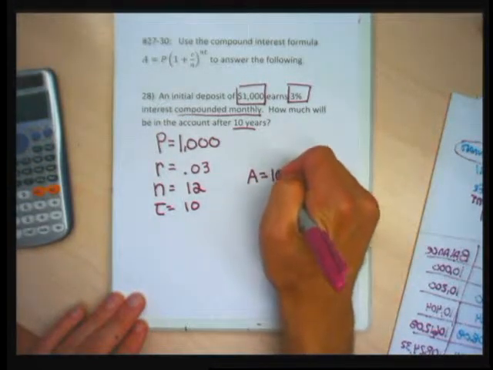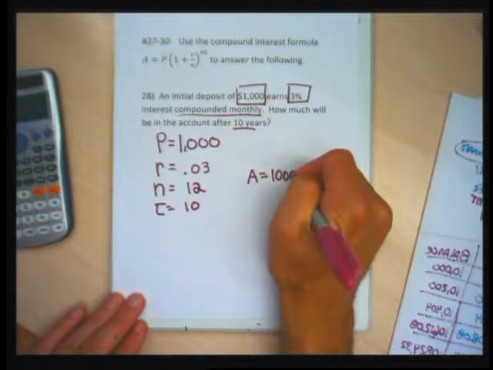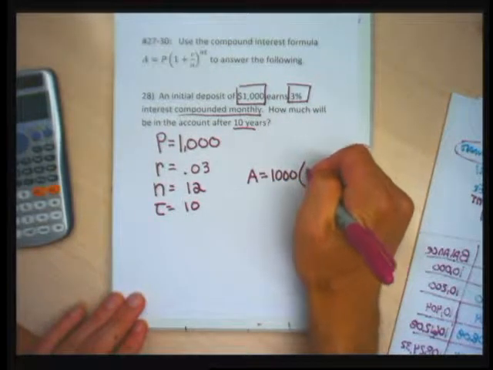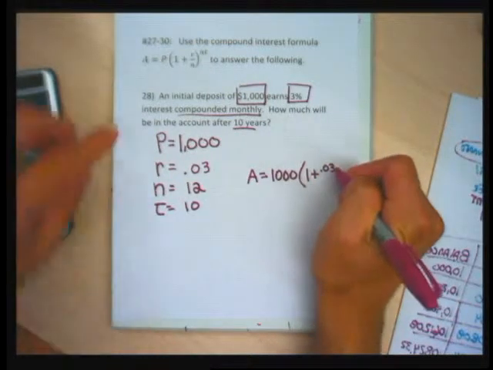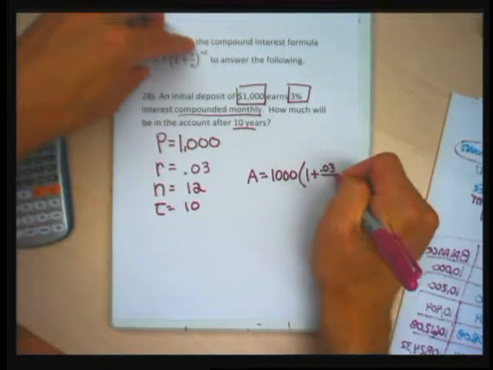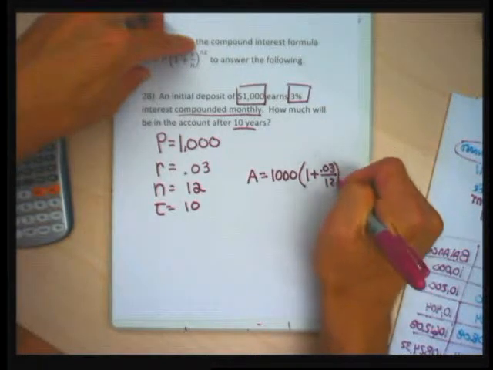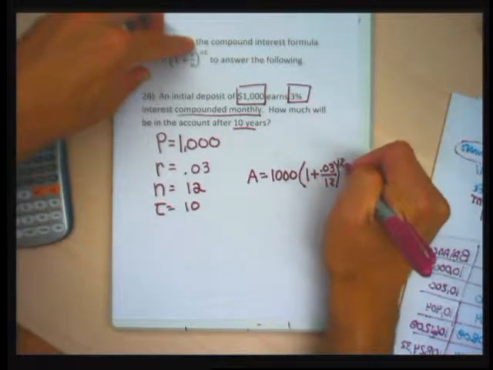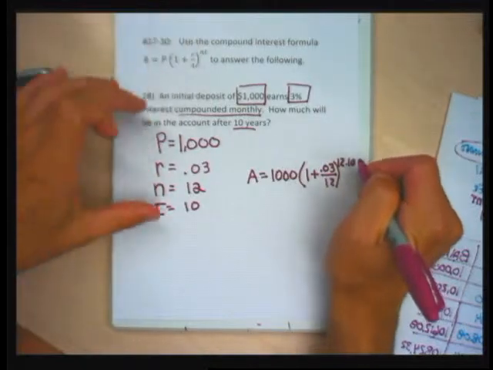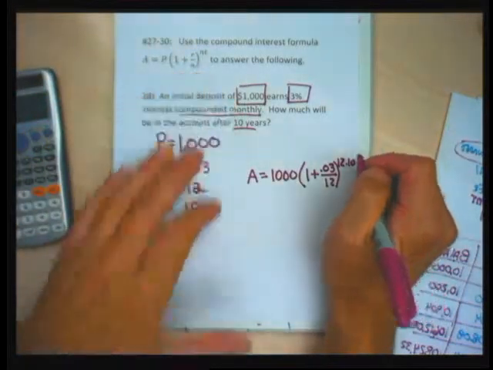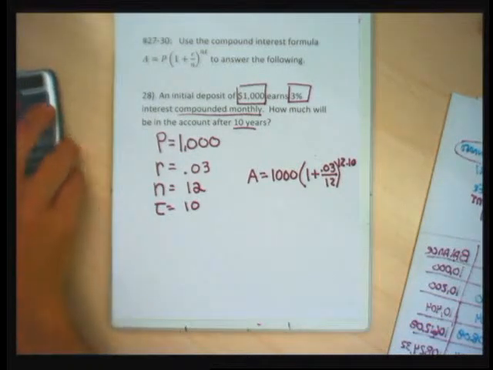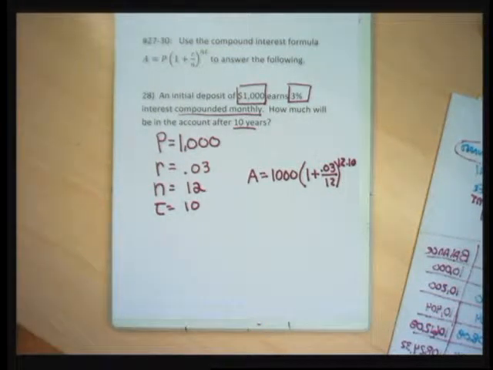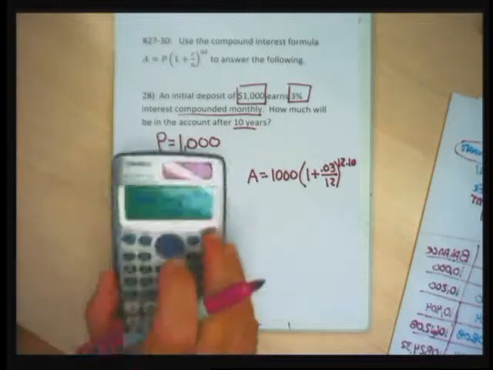For this problem, I'm going to take 1,000 and put it in for the P, and then 1 plus 0.03, over 12, to the 12 times 10 power. I just took these four numbers and plugged them into that formula, and that will answer the question of how much money I'm going to have in 10 years, starting with $1,000, getting 3% interest compounded monthly.